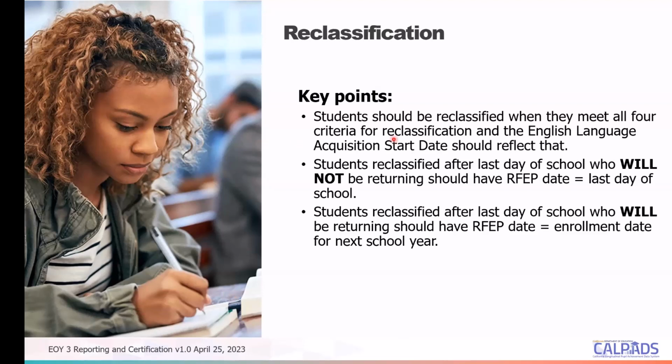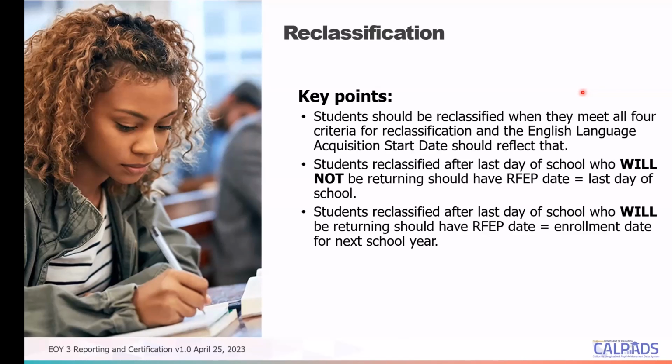So here are some key points you have to remember. If a student was RFEP during summer or after the regular school calendar, and the student is not returning next year, then use the last day of school for this current academic year to mark them as RFEP.